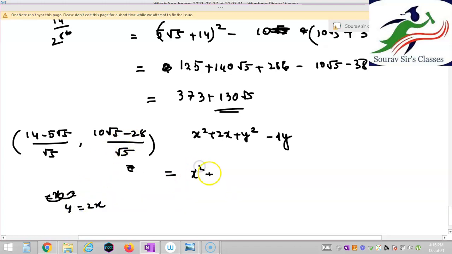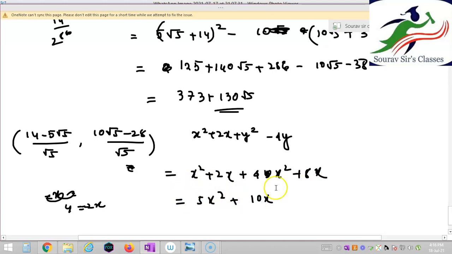So x square plus 2x, minus 2 times x. Okay, so minus 2x. So plus 4y, x square plus 8x, right? So that would be 5x square plus 10x.